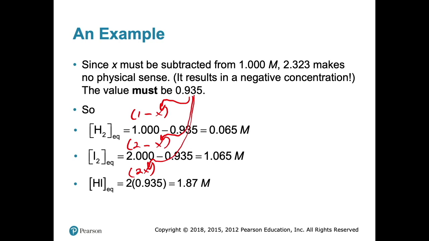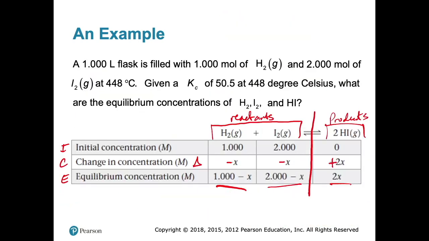Isn't this amazing? It's amazing stuff. It's so cool, right? And you know why else it's so cool too? Because when you look at what it was originally, this is what you had right here as the equilibrium, all these x's.